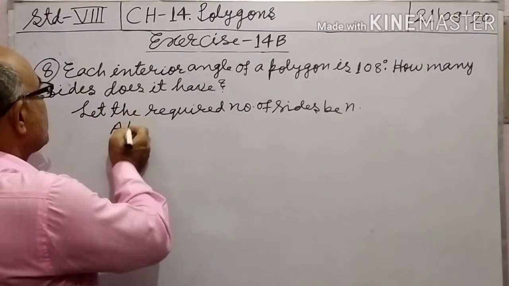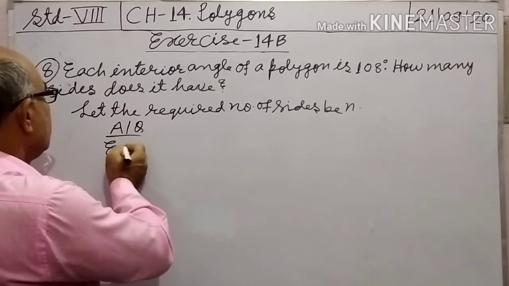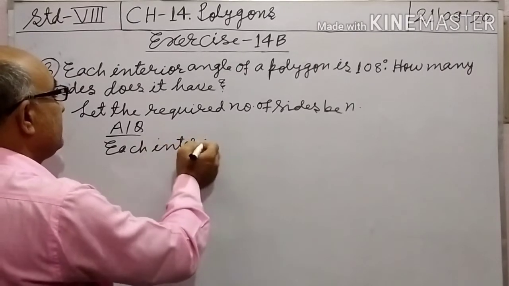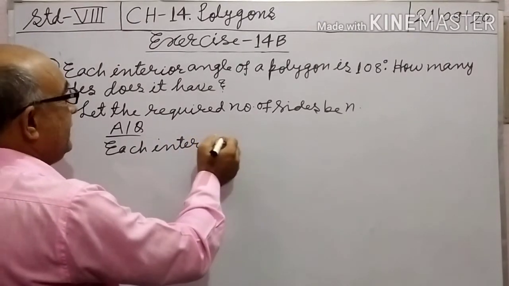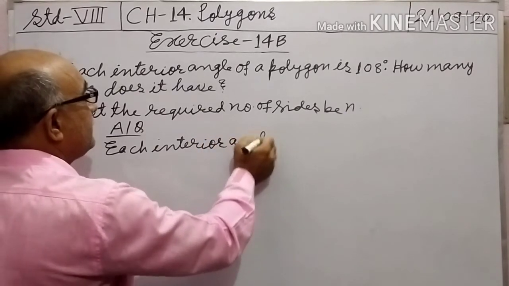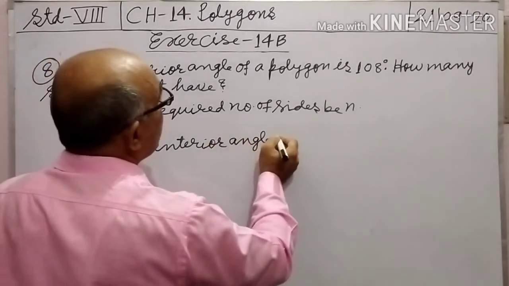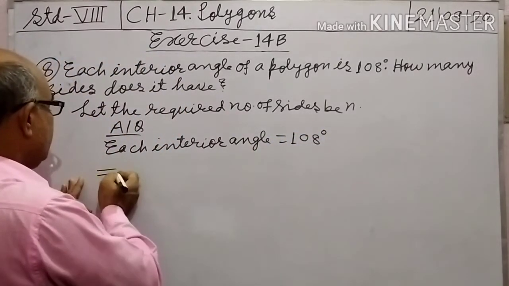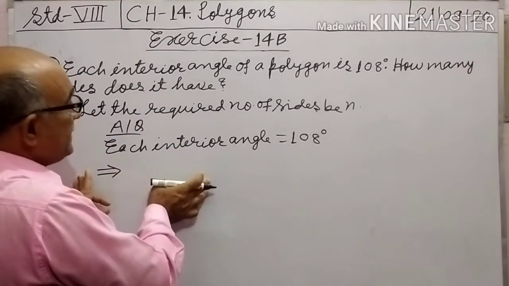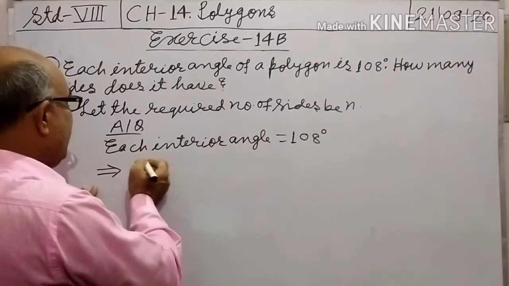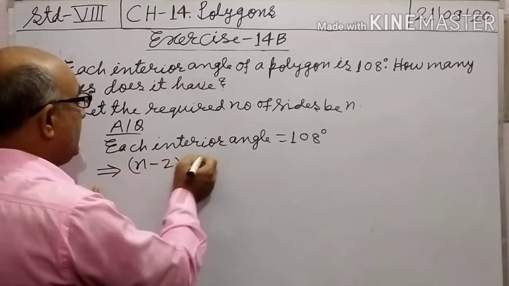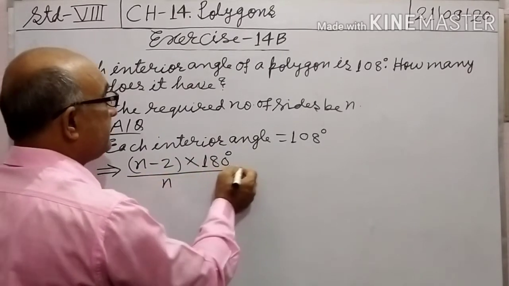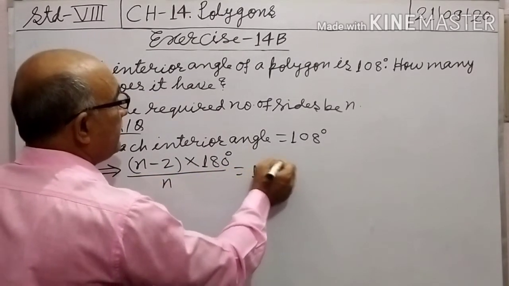Now, according to question, each interior angle equal to 108 degree. That implies each interior angle equal to (n minus 2) into 180 degree divided by n equal to 108 degree.